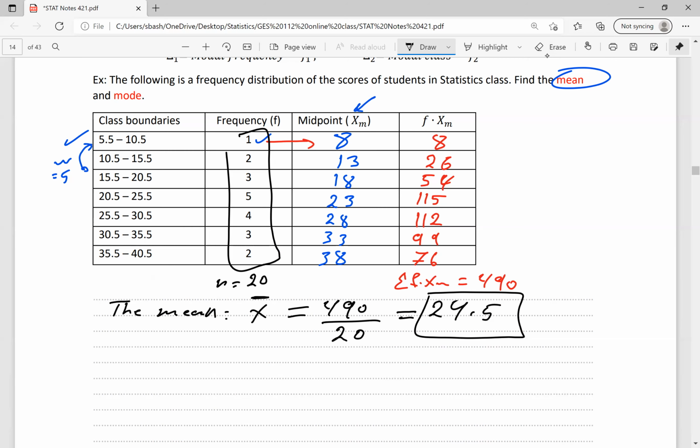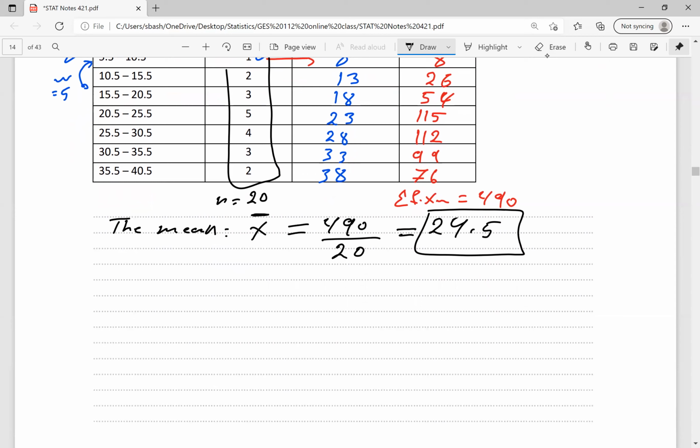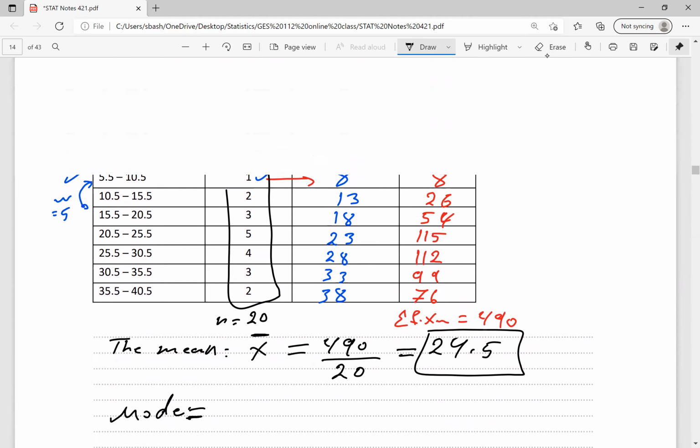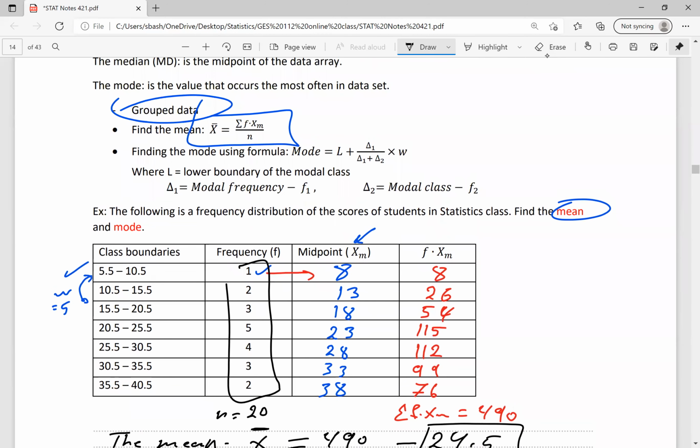Now for the mode. For group data, we are using the formula of the mode, which is this one: L plus delta 1 divided by delta 1 plus delta 2, multiplied by W, the class width.